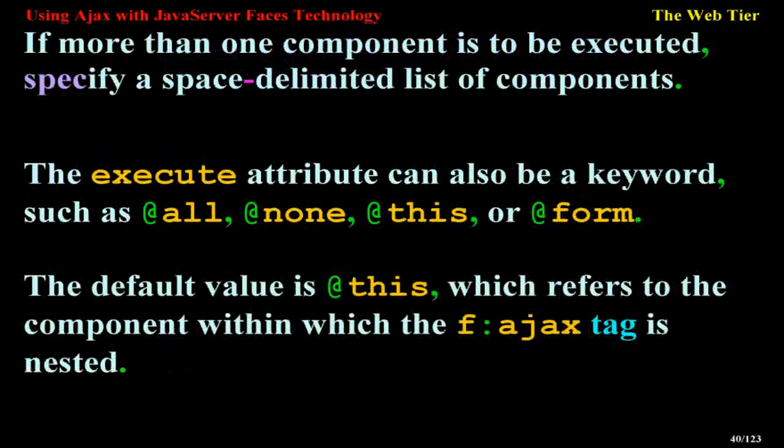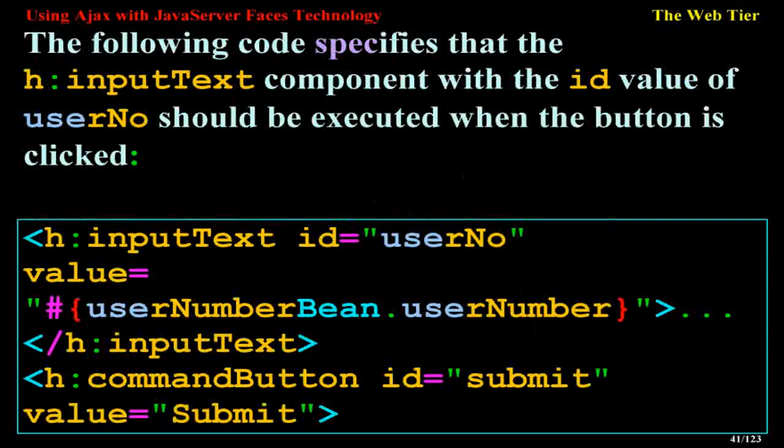The execute attribute can also be a keyword, such as all, none, this, or form. The default value is this, which refers to the component within which the Ajax tag is nested. The following code specifies that the input text component with the id value of userNo should be executed when the button is clicked.